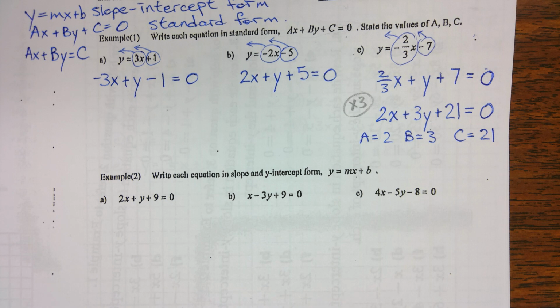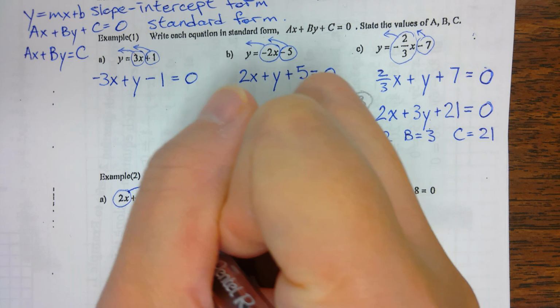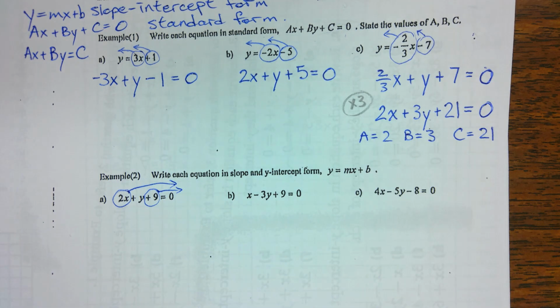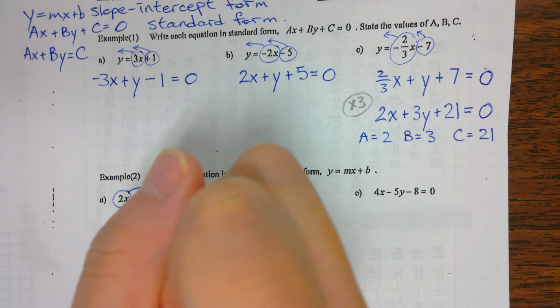Y, right. Everything else, throw it away. I only want y on the left side because I want it in y equals mx plus b form. So y is on the left.